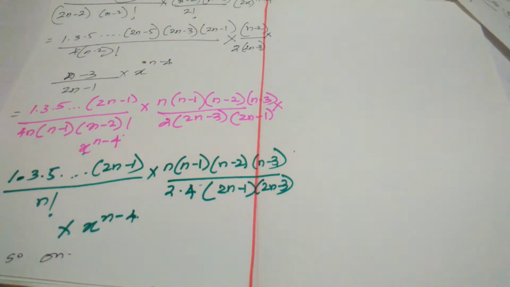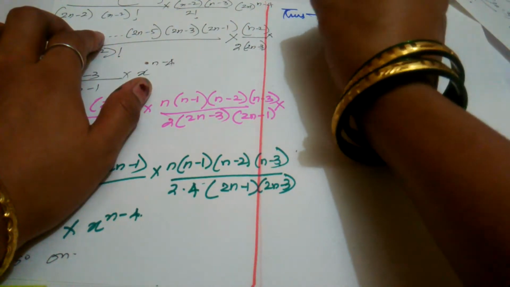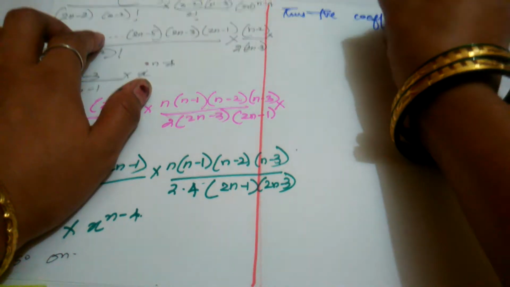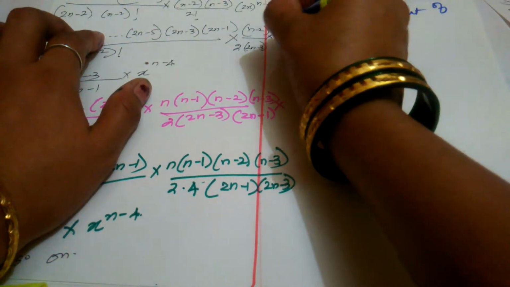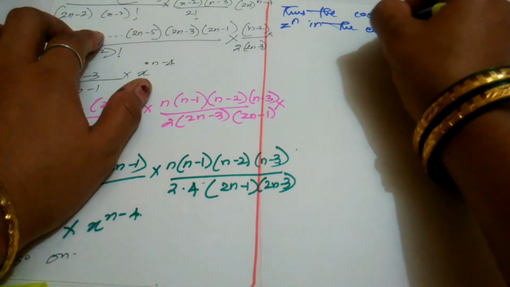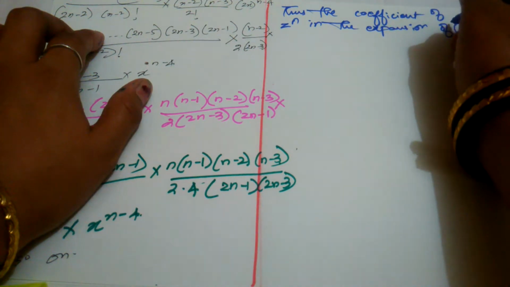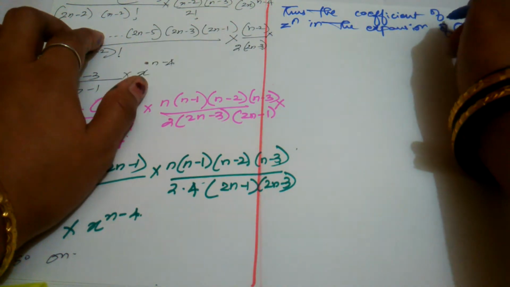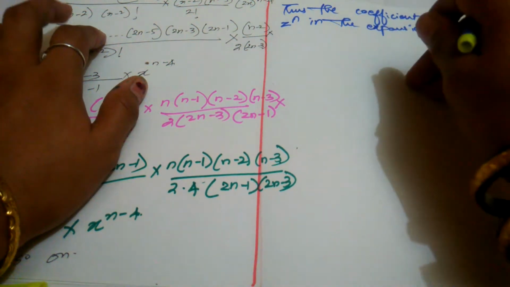So thus what we can write it as is the coefficient of z of n in the expansion of 1. Okay, so all the coefficients which we have got till now, so we will add it into this.